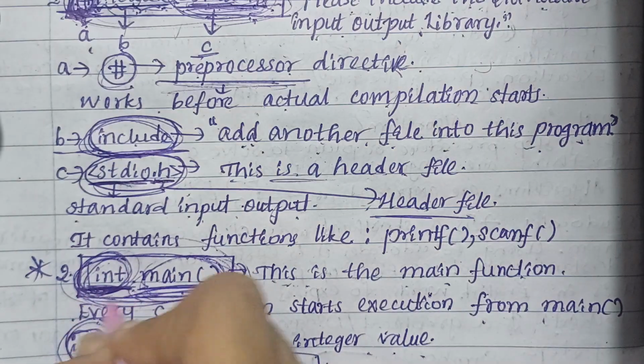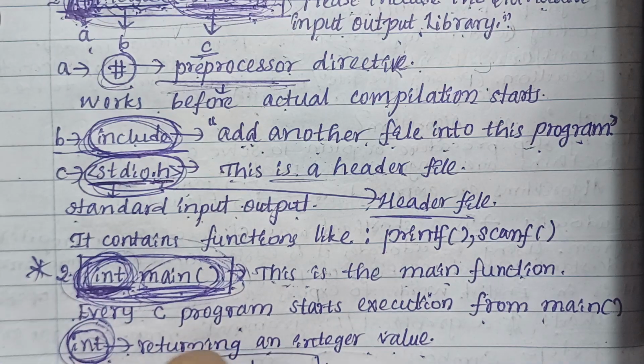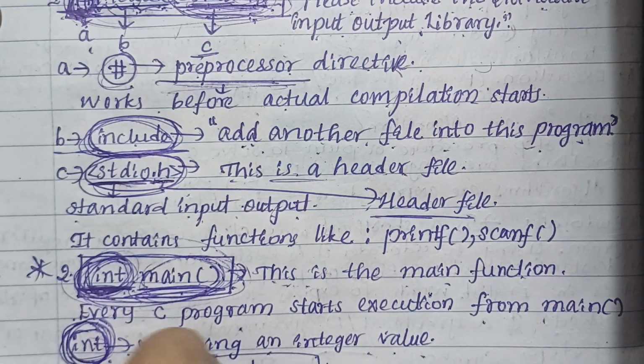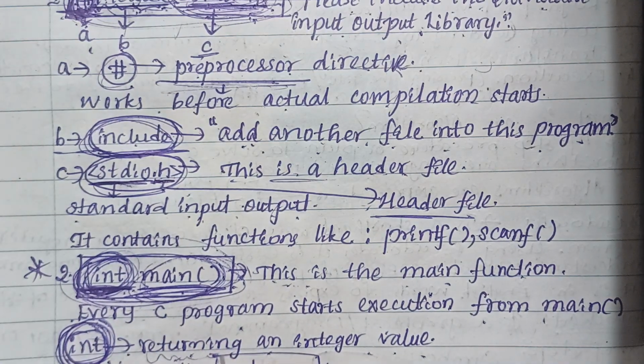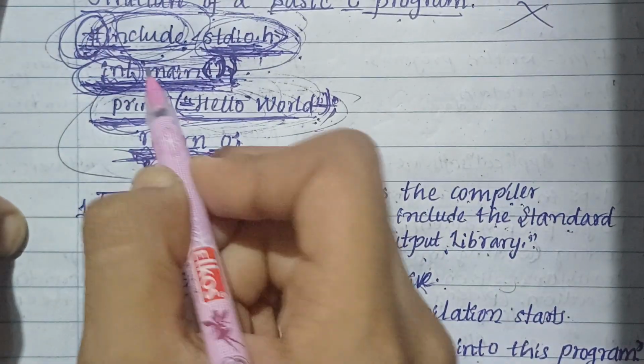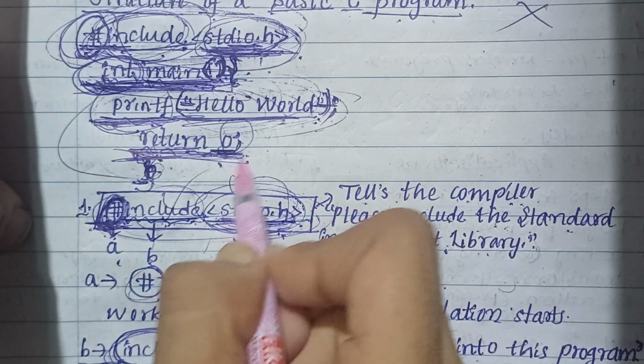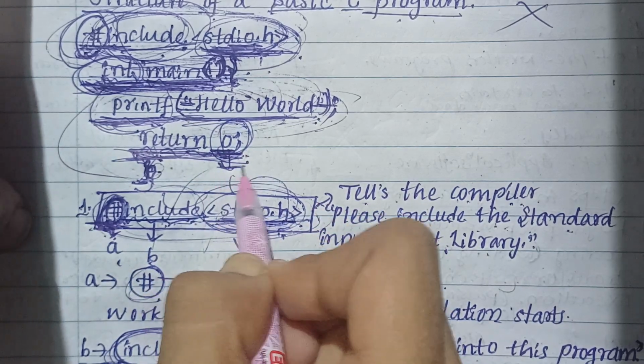function. And what this int indicates here is the return data type. That means if you can see int here, it indicates that it will return an integer value. See here, we have written int main, and at last you have written 0. What is this 0? It is an integer value, right?